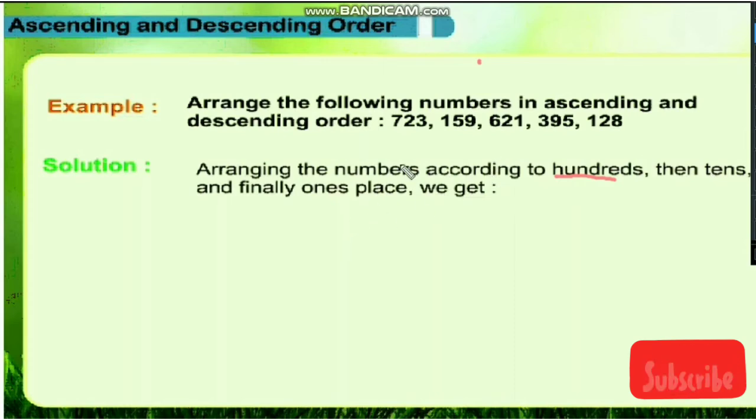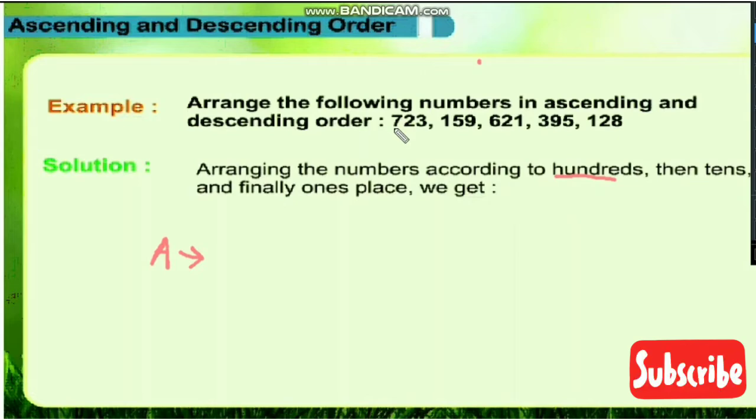Let me solve this example for you. Now see, if we are finding the ascending order of these numbers, what are we going to do first? First we are finding the smallest number. So compare their hundreds.